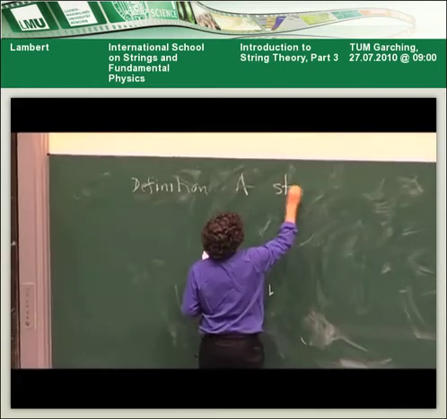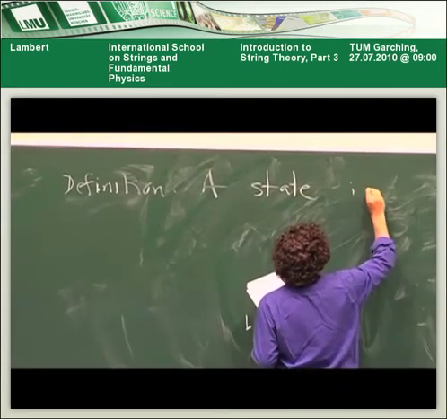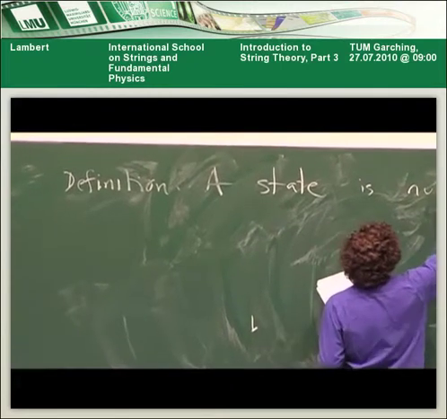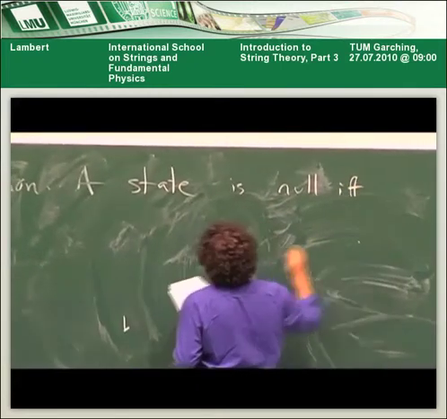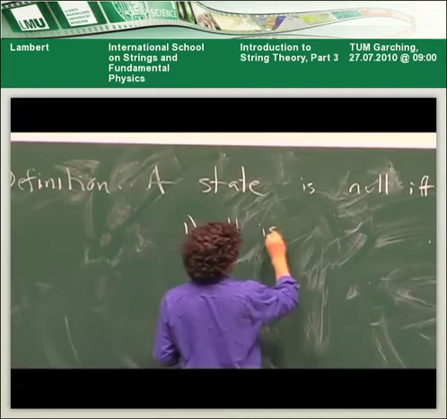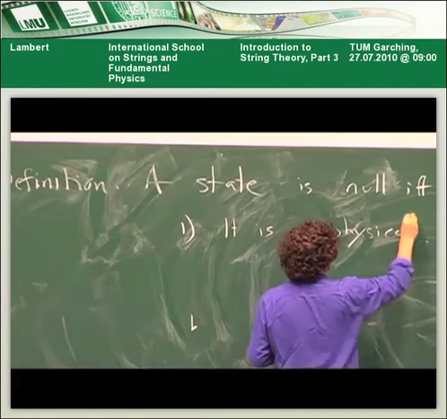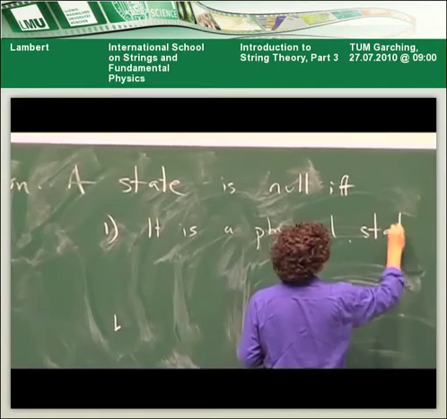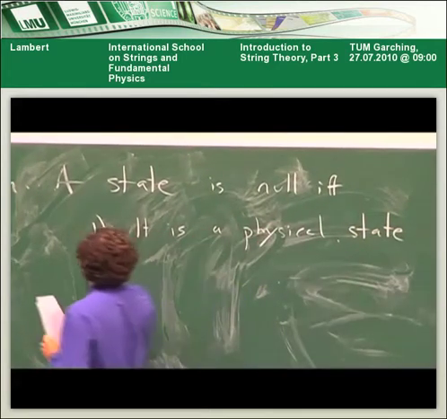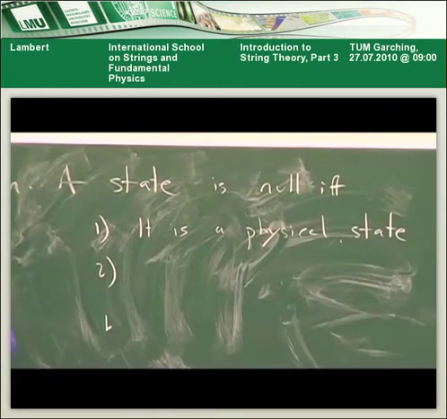A state is null if and only if, well, 2 conditions. 1, it is a physical state, and 2, it's orthogonal to all physical states. So not only is it orthogonal to itself and hence has zero norm, it's orthogonal to every other physical state.